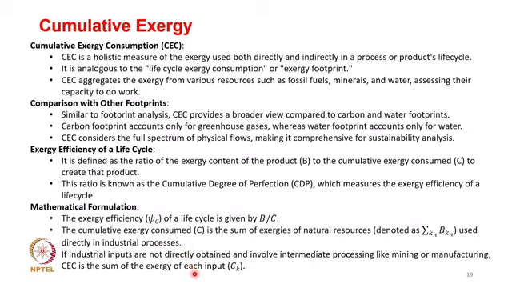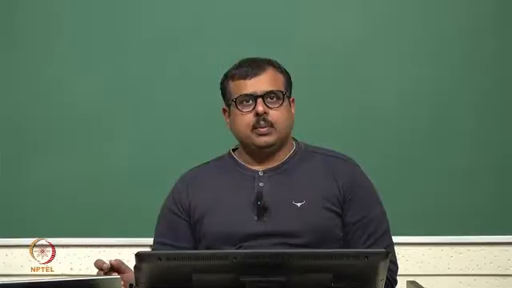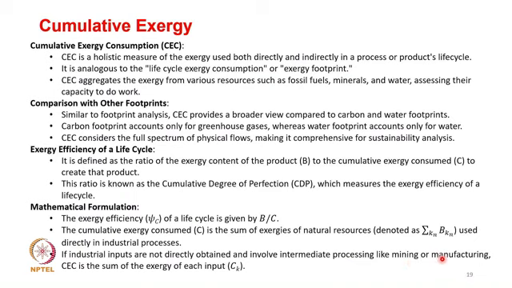If the industrial inputs are not directly obtained and involve intermediate processing like mining or manufacturing, CEC is the sum of the exergy related to each input. So some of the industrial inputs are not directly coming in. Your raw material will have multiple sub-steps of conversion until it becomes the real feedstock. So exergy is the sum of the exergy of each such input.